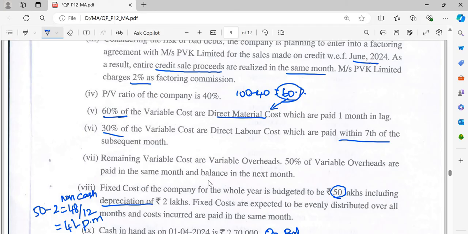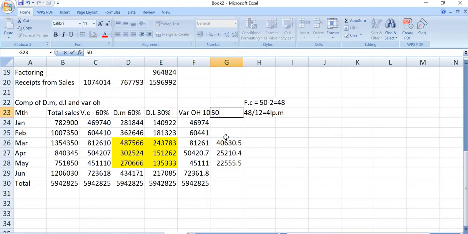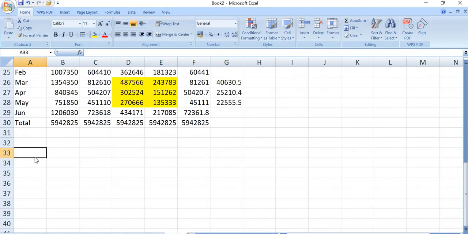That is, whatever April's month direct labor cost, we are going to pay in May 7th. So this is also considered as 1 month lag only. So we need to consider this amount only. So variable cost, 50% are paid in same month and balance in next month. I'm calculating the 50%. So 25,10 will be paid in April and the remaining 25,10 will be paid in next month.